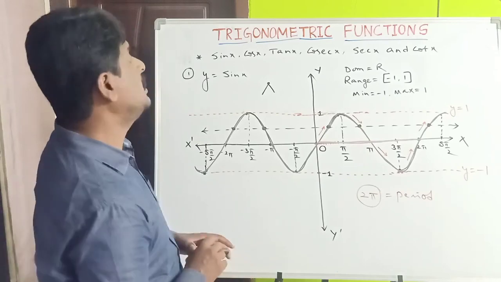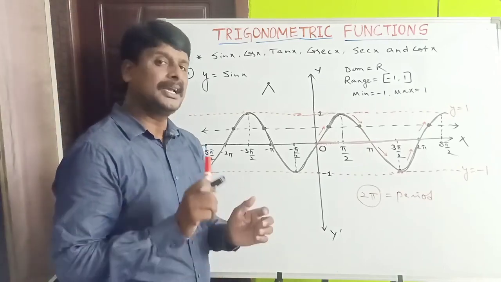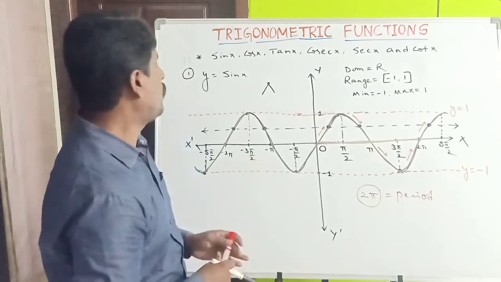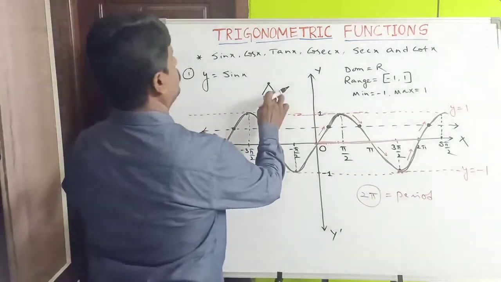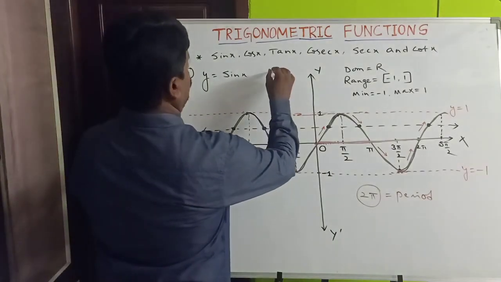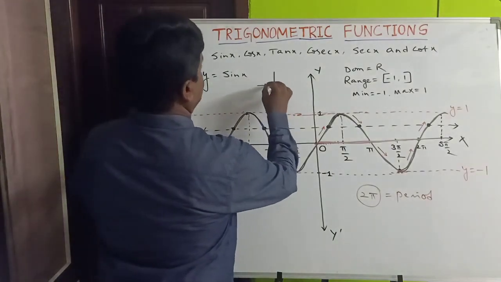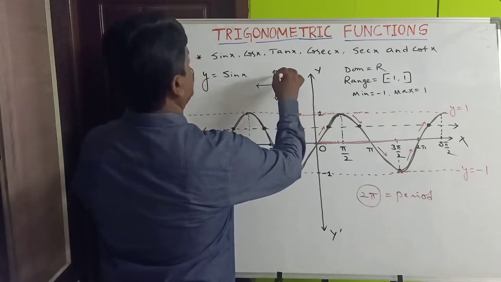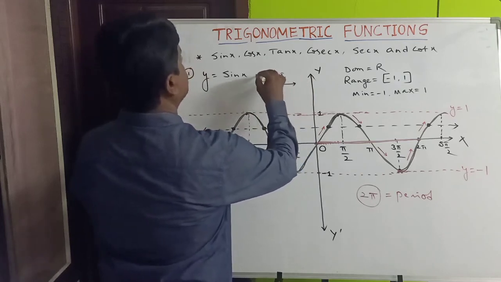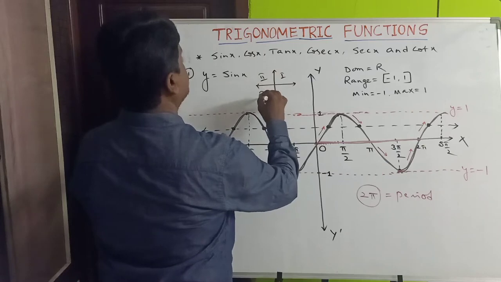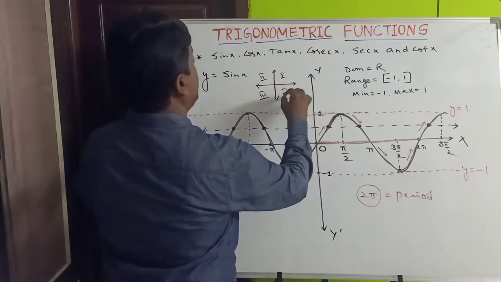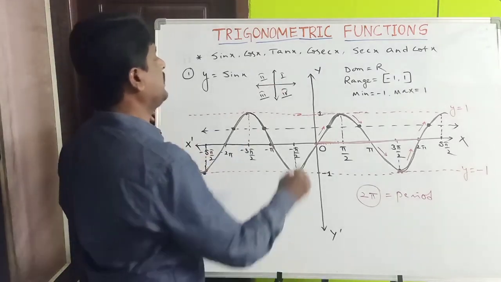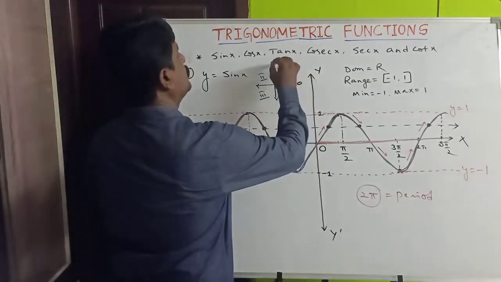But while talking about increasing, decreasing nature quadrant wise, this is the coordinate system. This is the first quadrant, second quadrant, third quadrant, and fourth quadrant. Observe that the first quadrant is the angle from 0 to pi by 2.